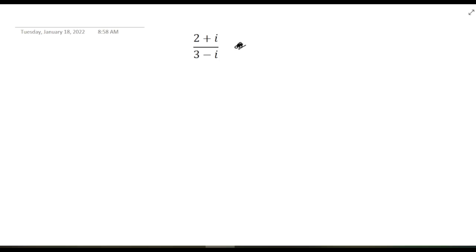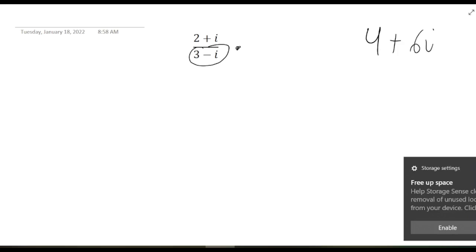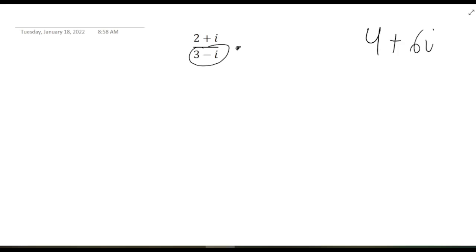And what is a conjugate? Well, the conjugate is this number, the denominator, with the middle sign reversed or flipped. So for example, if we had the number 4 plus 6i and we had to find the conjugate, we would rewrite 4 and 6i, and the only thing that would change would be this plus sign.